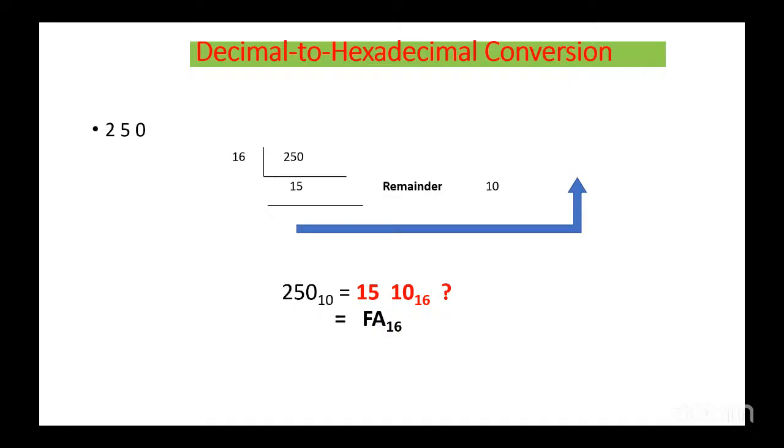Is it clear? FA. F means 15. A means 10. FA base 16 means 16 power 0.